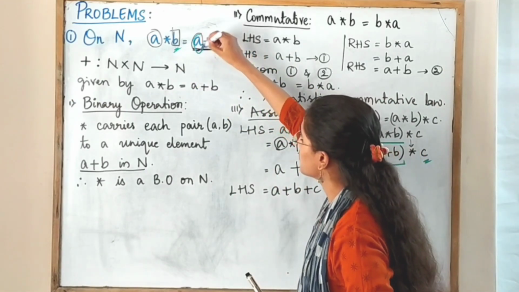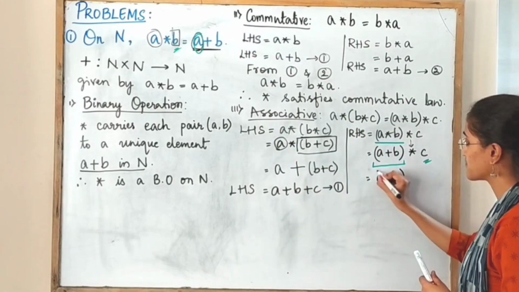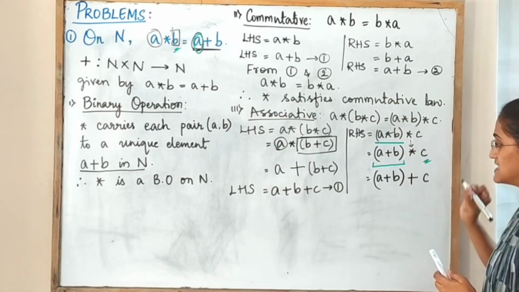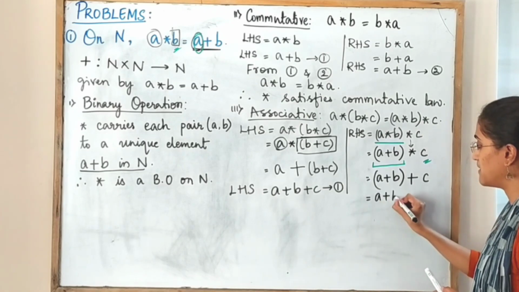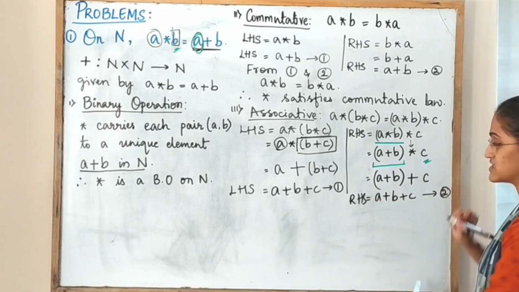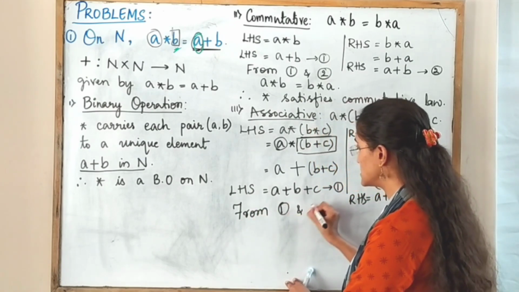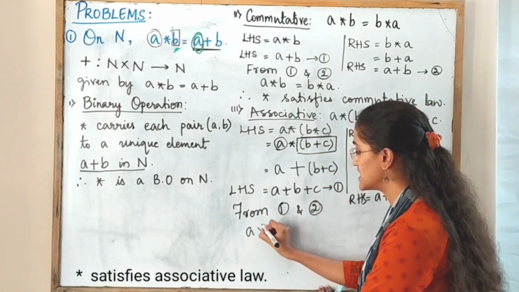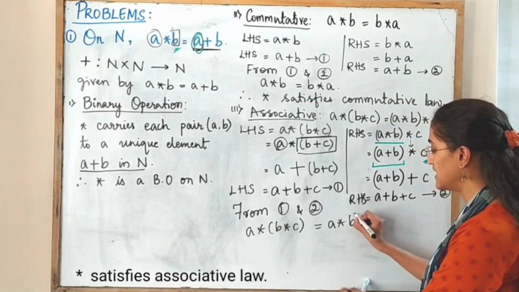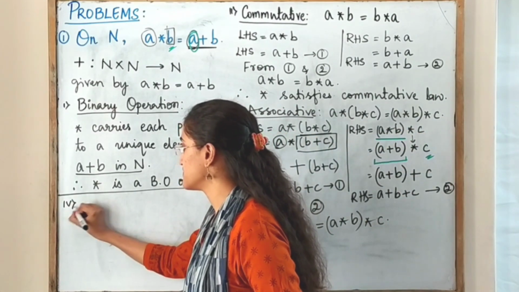Now in the place of A, applying this, in the place of A we had A plus B. After A plus B we have got the operation plus. Then in the place of B we had C, and in turn which gets us A plus B plus C, which is our RHS. Taking it as equation number 2. Now from LHS and RHS, that is equation 1 and equation 2, we can conclude that A star (B star C) is equal to (A star B) star C.